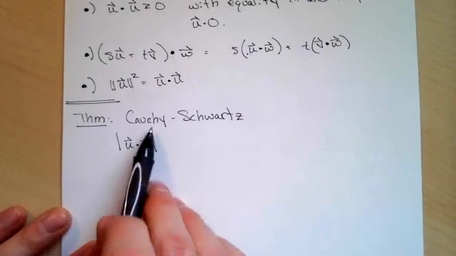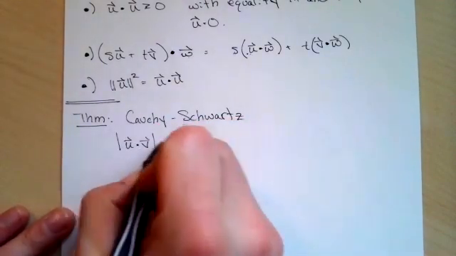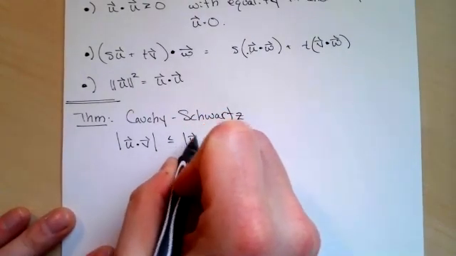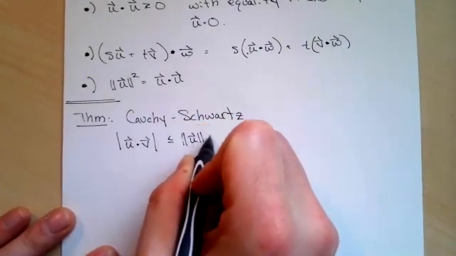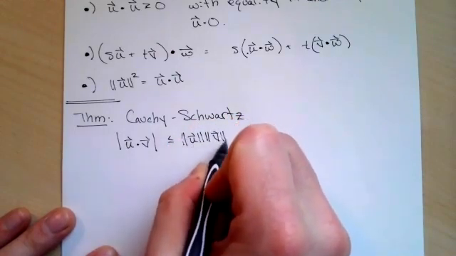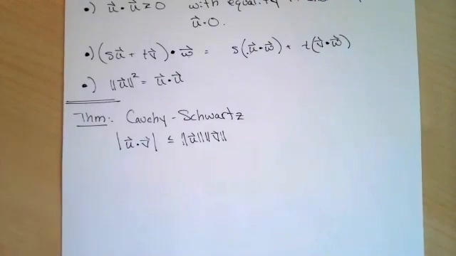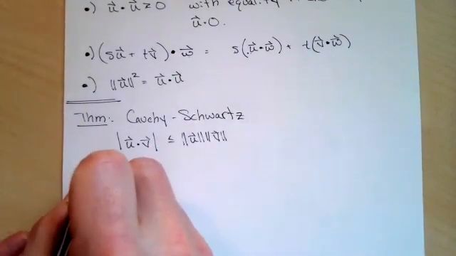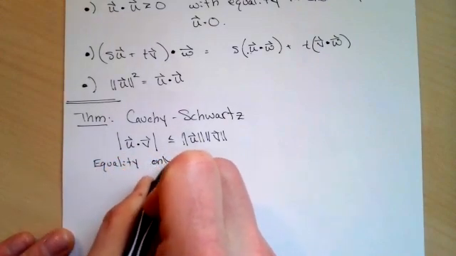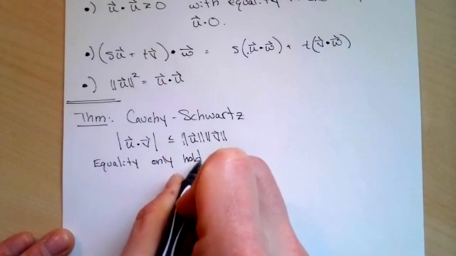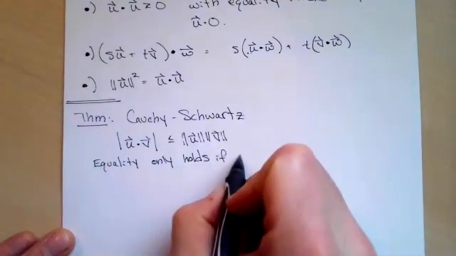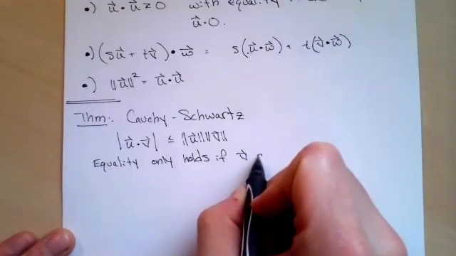So I'm just taking the magnitude, the size of that real number, and that's going to be less than or equal to the product of the magnitudes of the two vectors. And equality only holds if v is a scalar multiple of u.